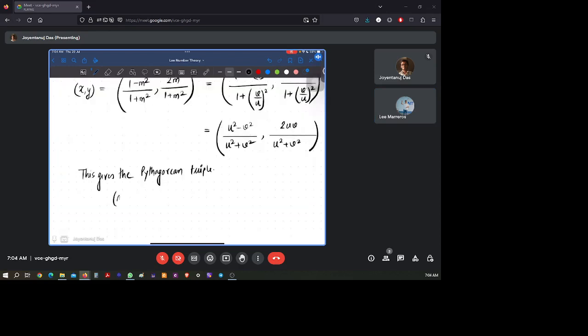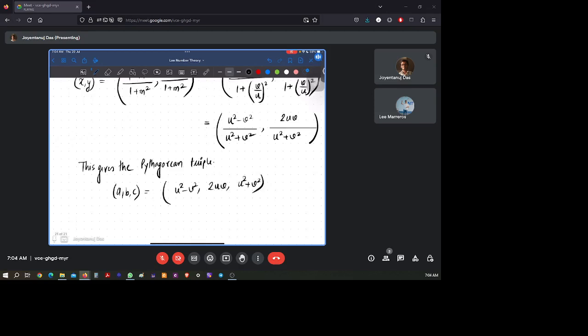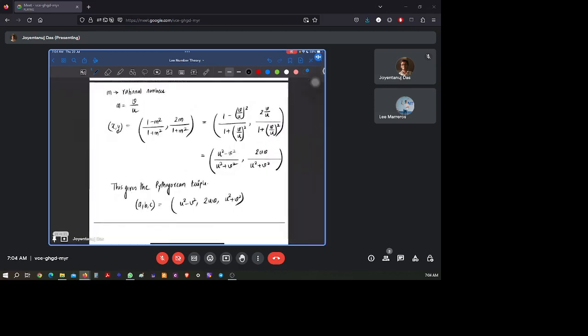So 2uv, that is even, so that has to be b. So u square minus v square, 2uv and u square plus v square is the Pythagorean triplet that I obtained.